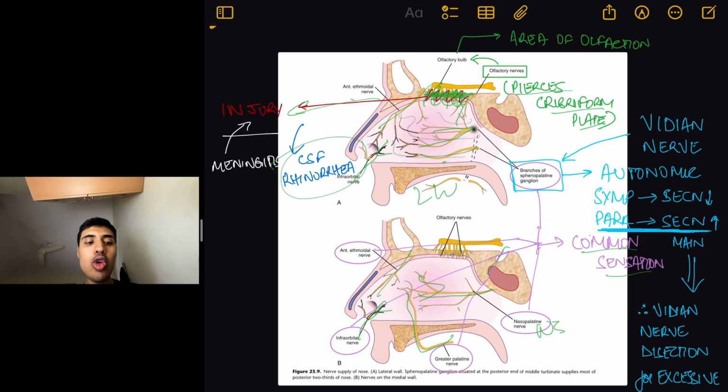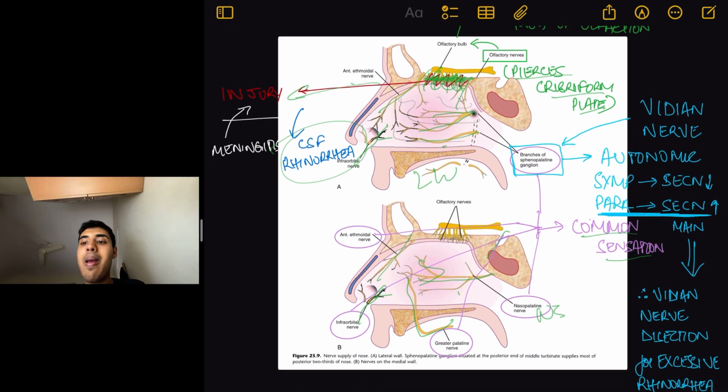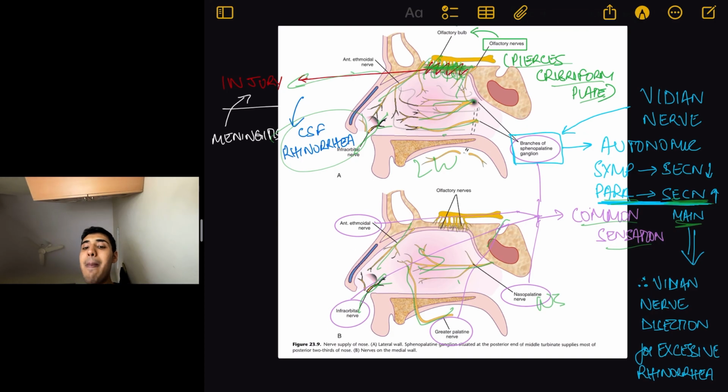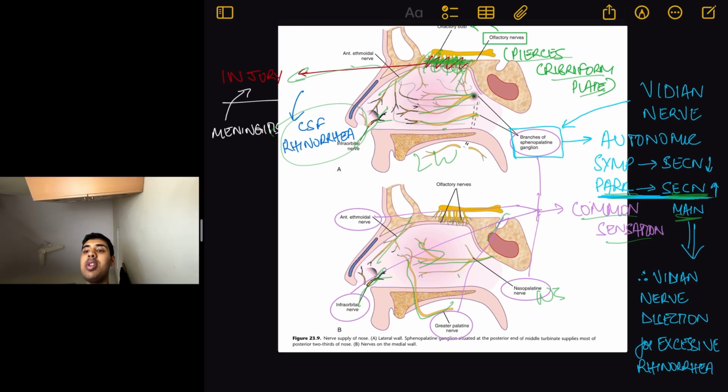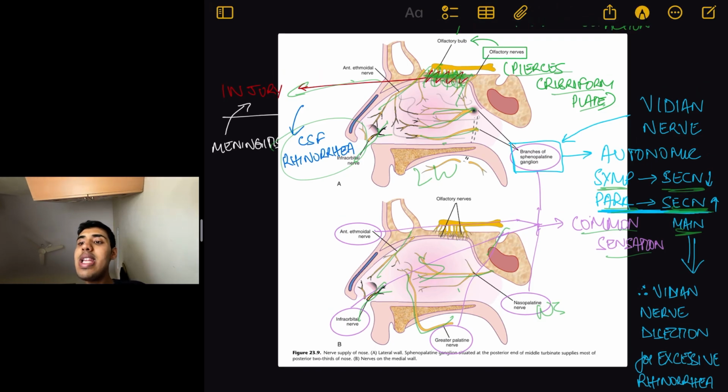Then come to the autonomic nerve supply. Autonomic nerve supply, very very important, because predominantly we have parasympathetic nerve supply, that is secretomotor fibers. They cause secretion of mucus because of vasodilation. Parasympathetic increases secretion because it causes vasodilation, and sympathetic decreases secretion by causing vasoconstriction.